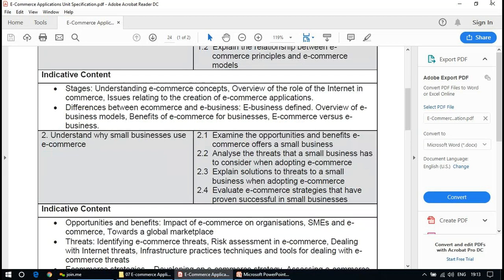Last time we discussed the classification, which gives an idea about the models, but there is some overlapping of meaning. Models like business to business, business to customer, customer to business, that is the classification, you remember?